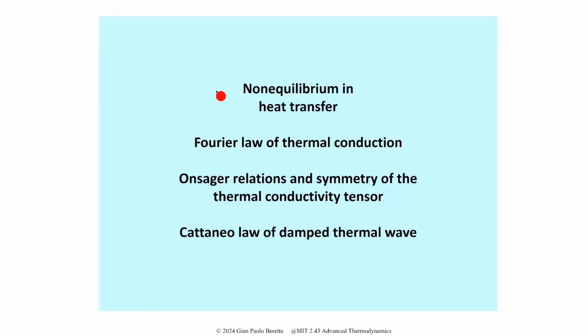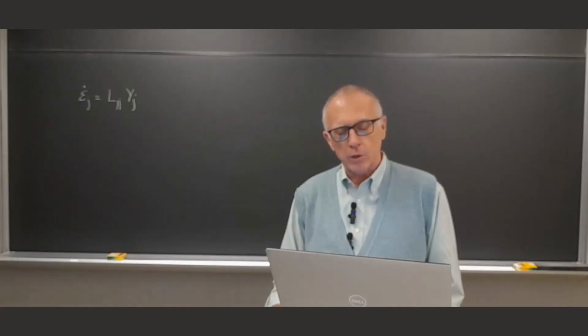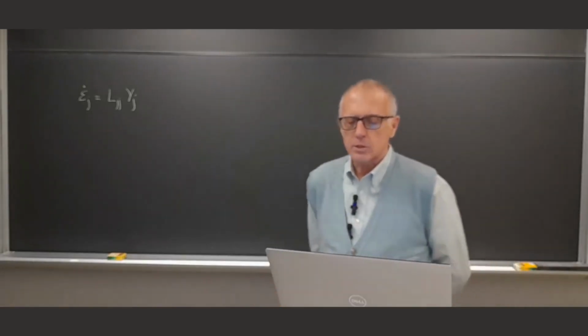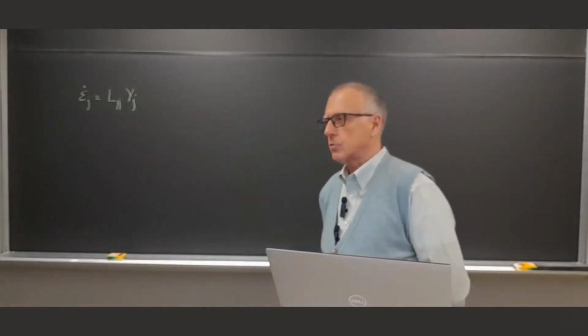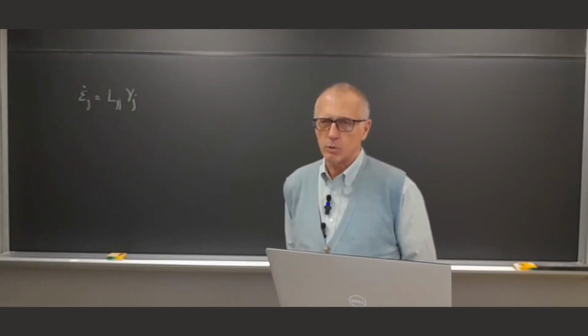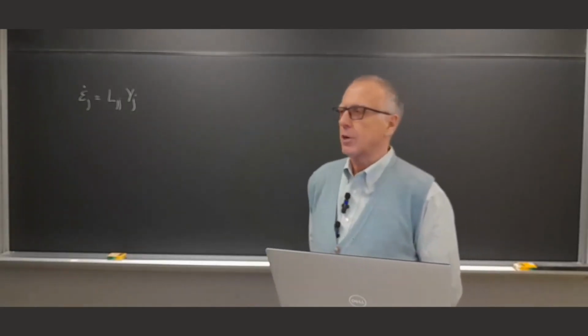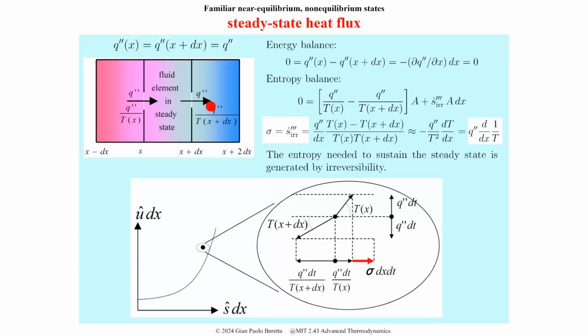So let's do a little switch. First of all, it sounds like a switch back, and then it will be a switch forward. So let's go back to heat transfer. And this is a slide that more or less we have already seen, maybe not exactly in this fashion.